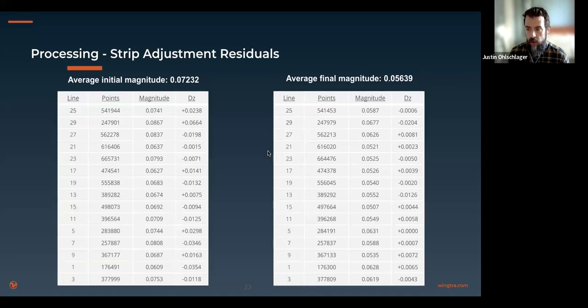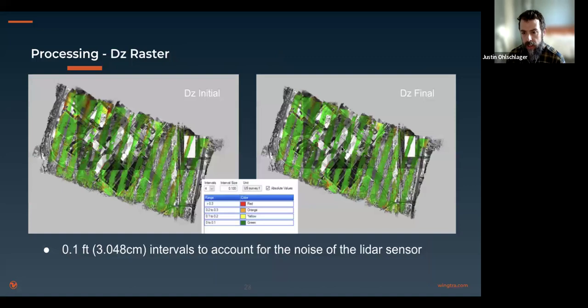After running our strip adjustments, we were able to tighten things down to get a line-to-line separation of about 1.7 centimeters. Overall, initially things look good. We were able to tighten things down a little bit more, but we're still in the 2 to 1.5 centimeter range when looking at the line-to-line adjustment. So really good stuff. If you can go to the next slide.